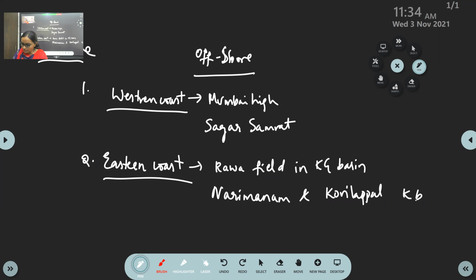Okay. Next point. These strategic storages would be in addition to the existing storages of crude oil and petroleum products.